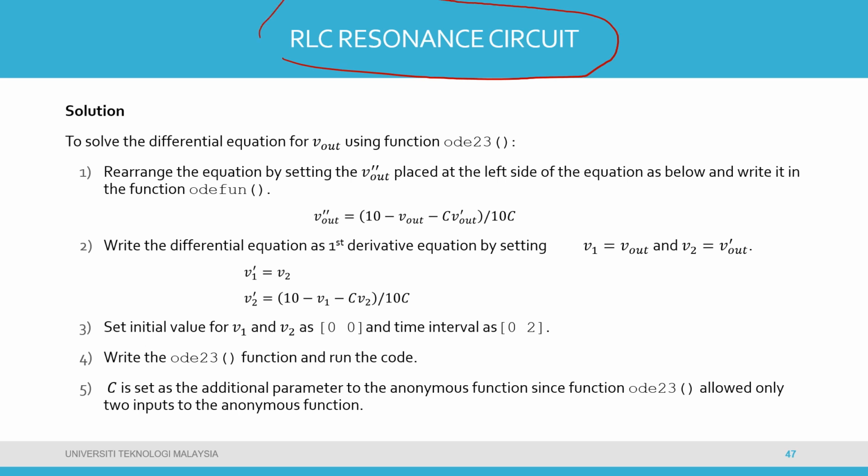The first thing is rearrange. Like I said before, you have to rearrange the highest order. V out double bar is the highest order, and make sure you move the LC. Make sure there is no other scalar here. Be careful, usually this one is forgotten. Only the V out double bar.